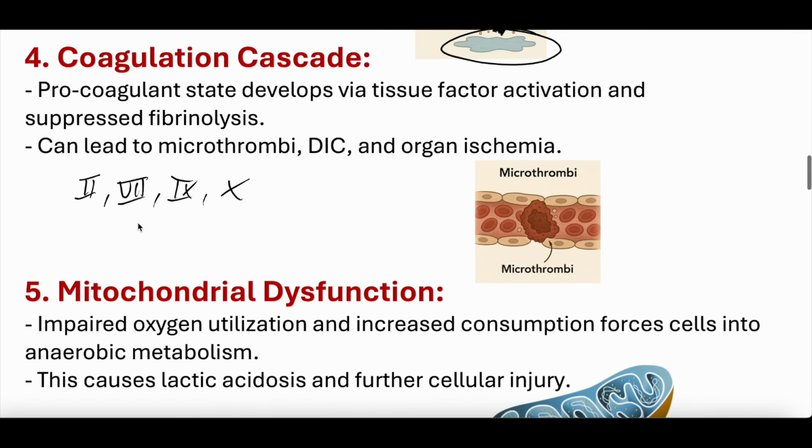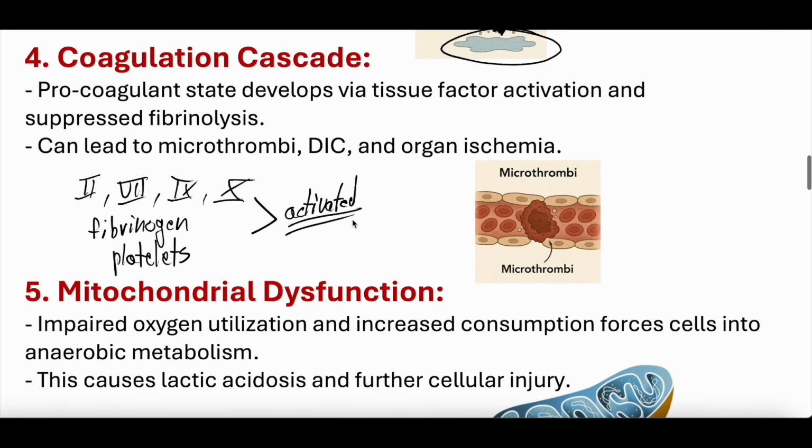These all, as well as fibrinogen, as well as platelets, contribute to blood clotting. When you have injury to those blood vessels, this coagulation cascade is activated and leads to a blood clot. That's why you don't bleed out all the time, because your blood will clot when that blood vessel wall is injured.